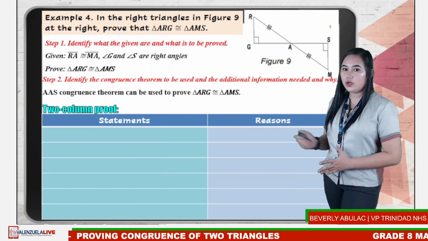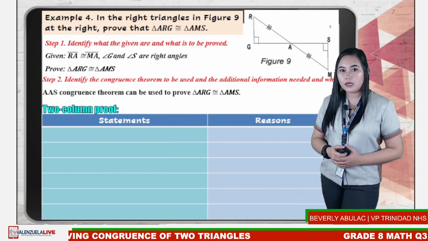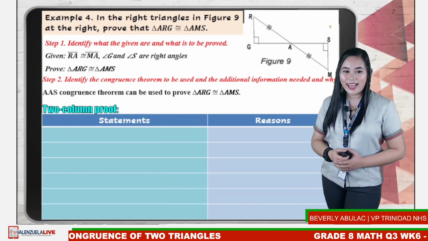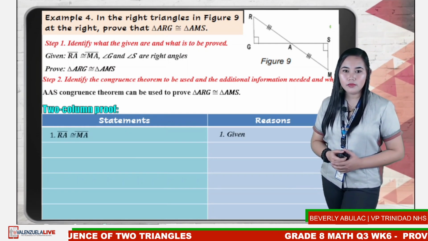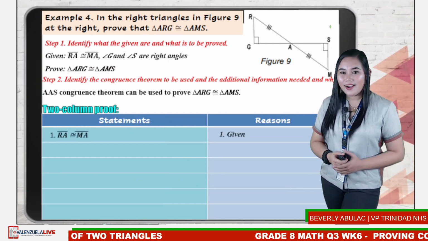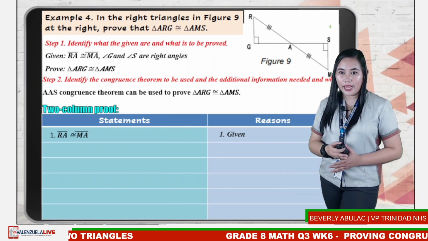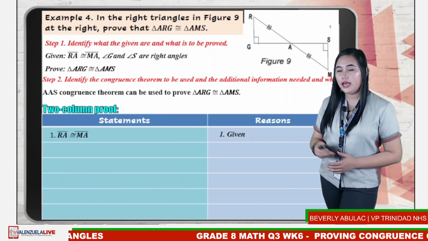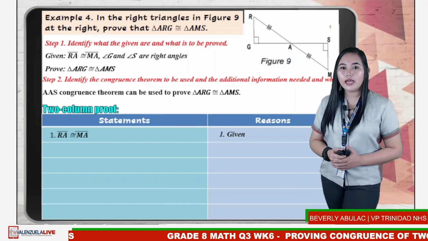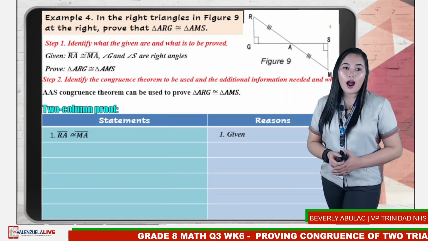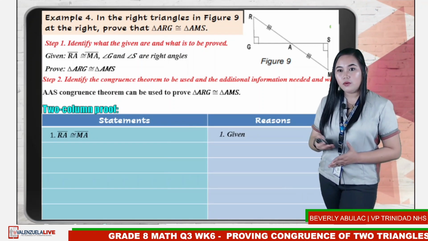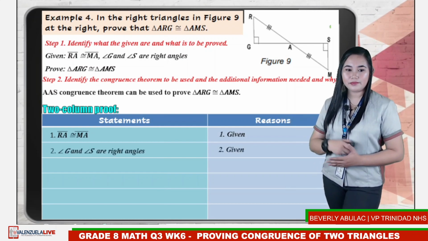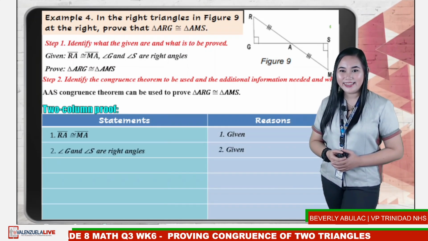Now, this is our 2-column proof. On the first statement, number 1, we have segment RA is congruent to segment MA. What is the reason? It is the given. Next, angle G and angle S are right angles. What is the reason? The given.